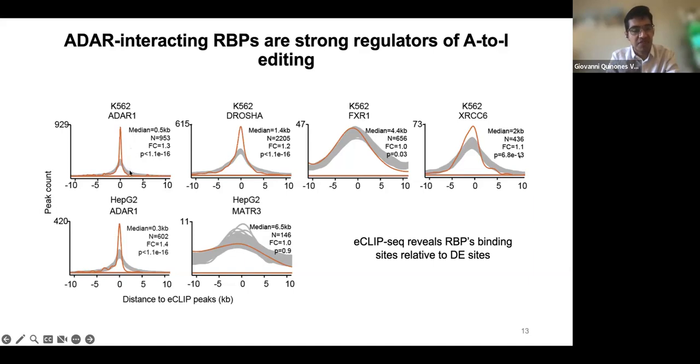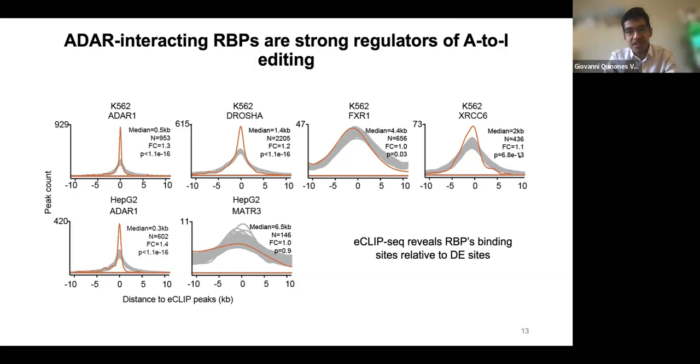And here we have these gray curves that serve as controls, when we select non-differentially edited sites or random A bases within the transcriptome and measure the distance to those as a control. So we observed that ADAR1, of course, binds very close, as expected, to the differentially edited sites.